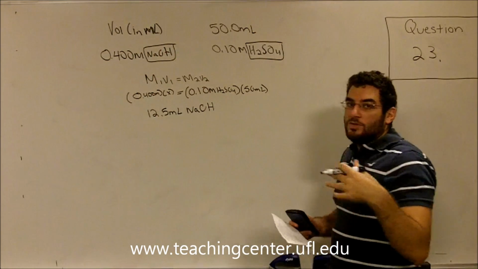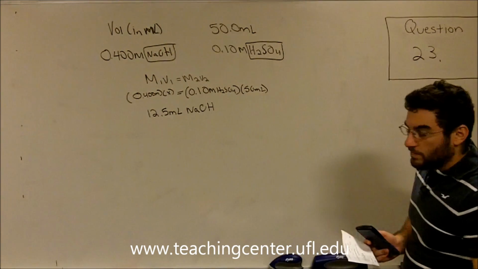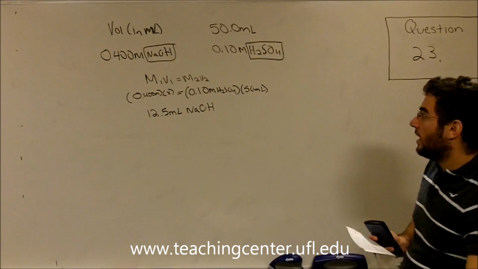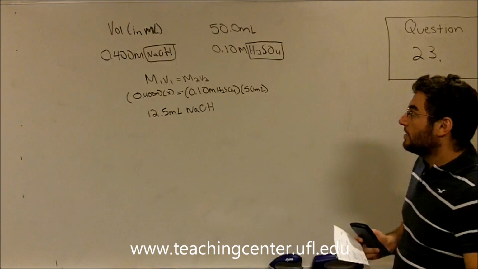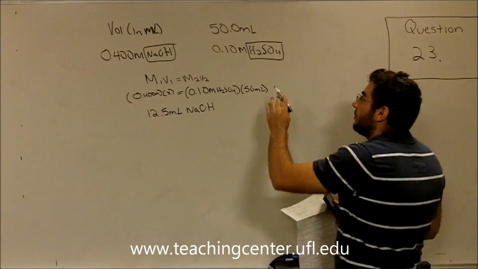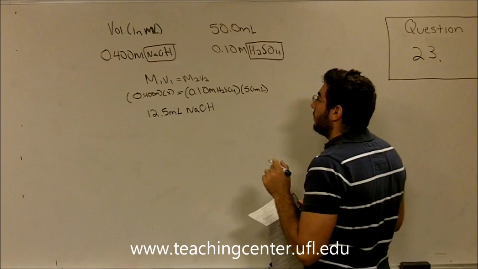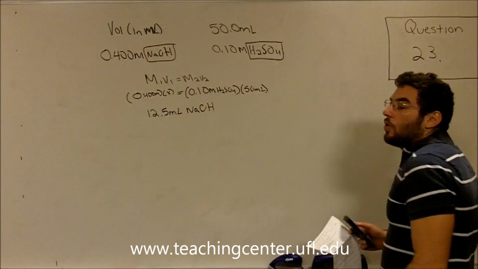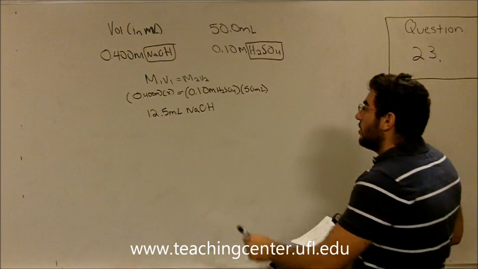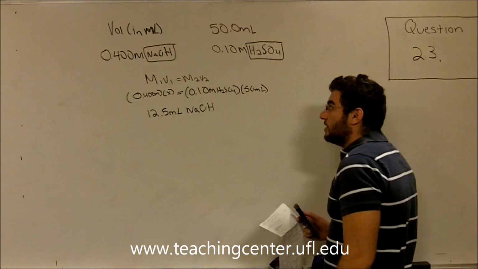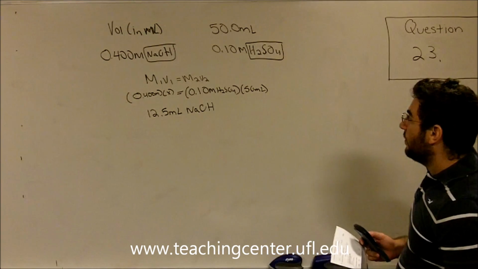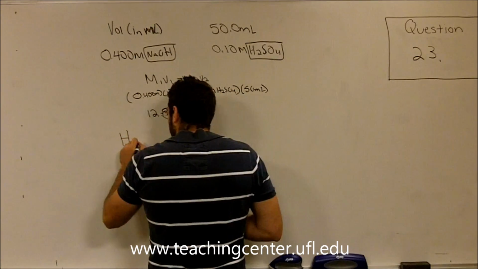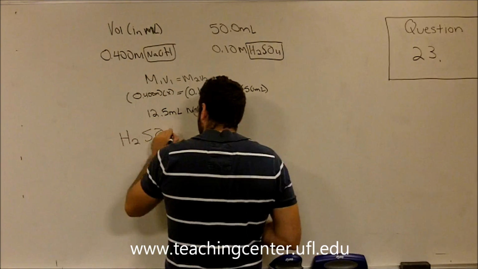Remember, when we do some kind of neutralization reaction, we need 2 hydrogens and 2 hydroxides to make the equivalent here. So if we were to balance this H2SO4 reaction with the sodium hydroxide, we would need to double the amount of sodium hydroxide in order to make the equivalence of water. So let's go ahead and try this out.